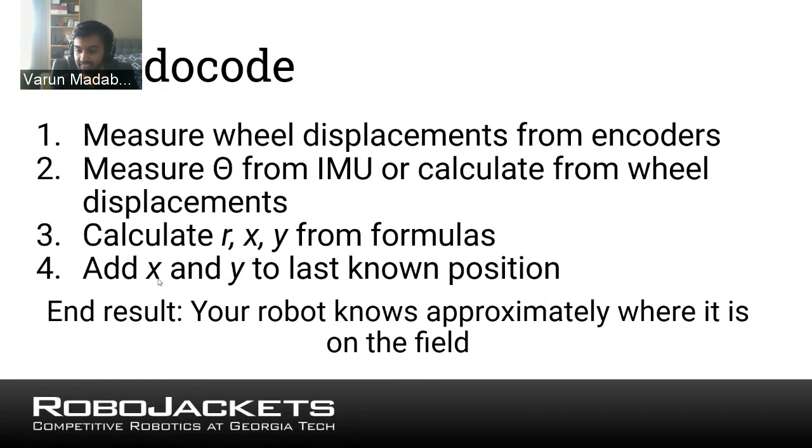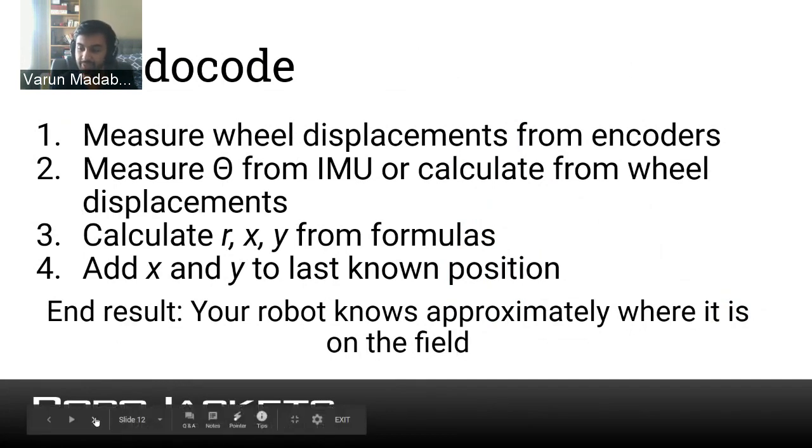So you can keep track of your overall position by, at every point in time, adding your X and Y to your last known X and Y. And from there, the robot can approximately keep track of where it is on the field. The more often you do this, the more accurate your location measurement is going to be.